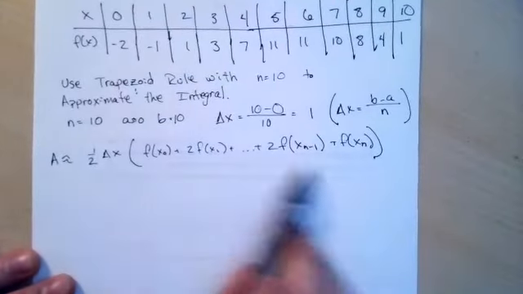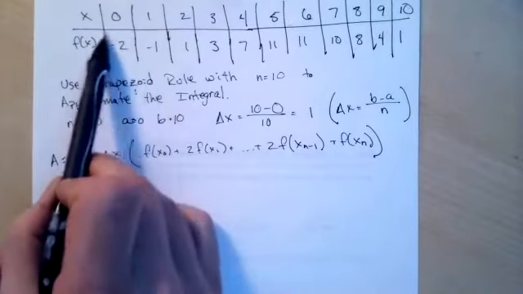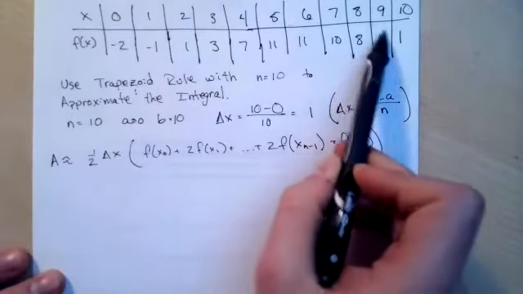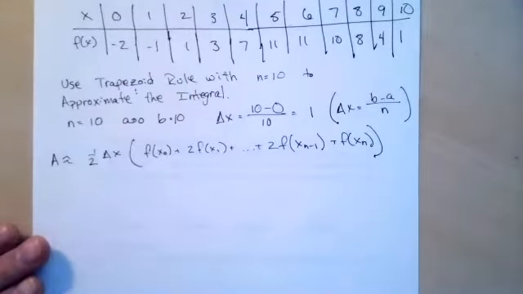And then essentially just add on the endpoints. Alternatively, you could do the left-hand sum and the right-hand sum, and then divide by 2.